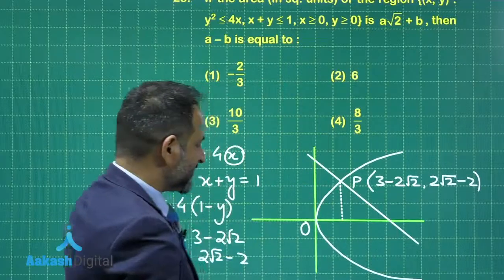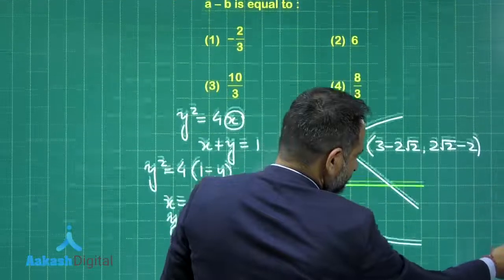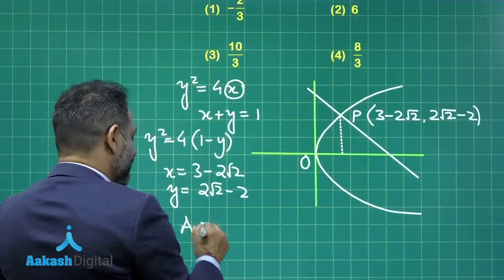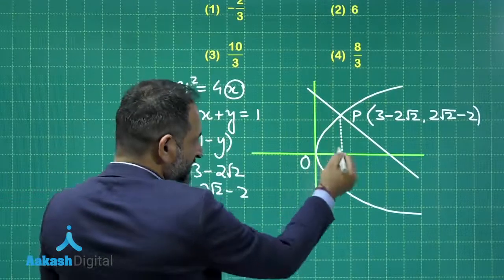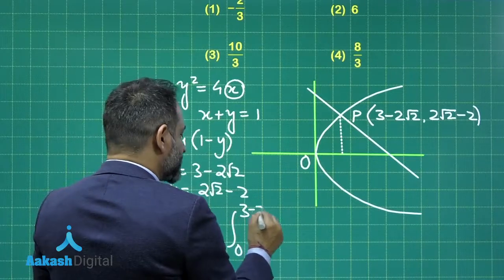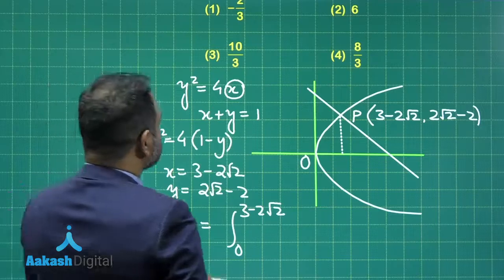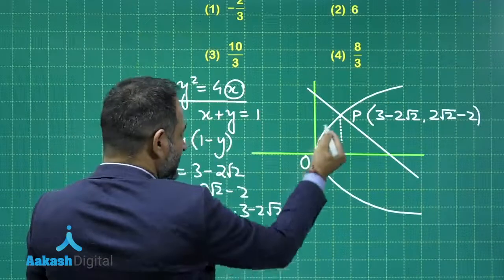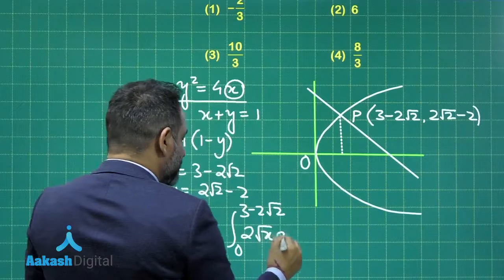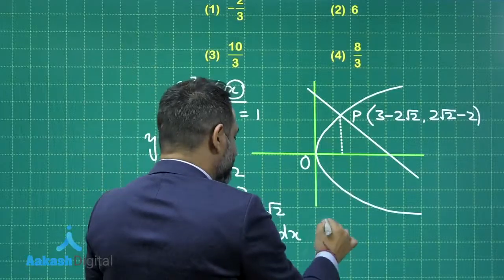So let us see how to get the area now. The area 1, which is from 0 to this point. So it is 0 to 3 minus 2 root 2 bounded by the parabola, that is y square is equal to 4x, and the x axis. So it is the integral of 2 root x dx, and the second part is definitely this triangle.